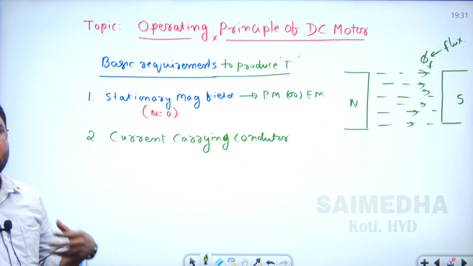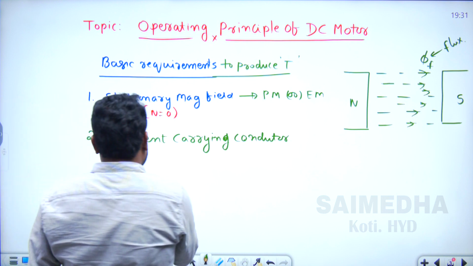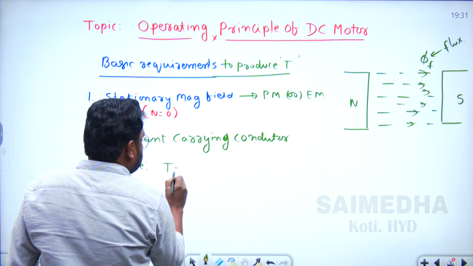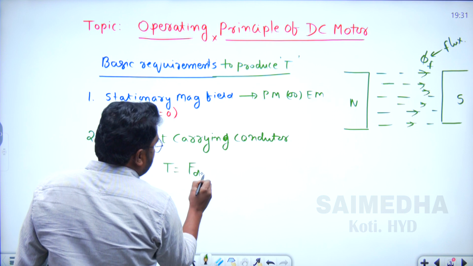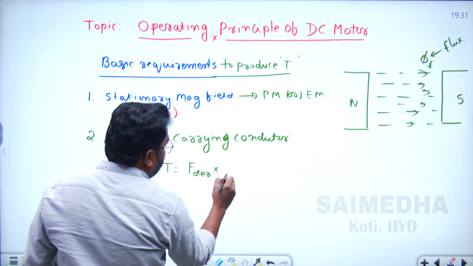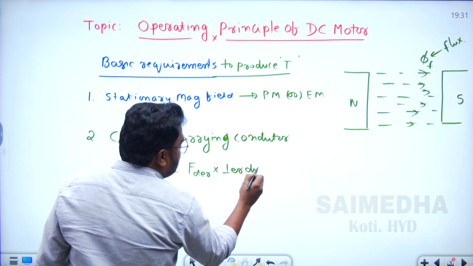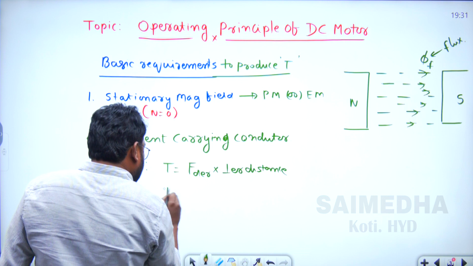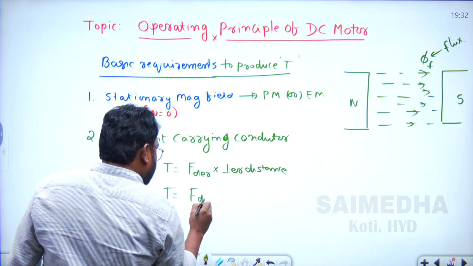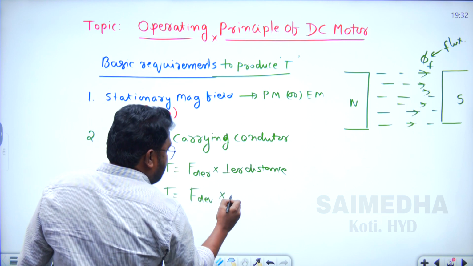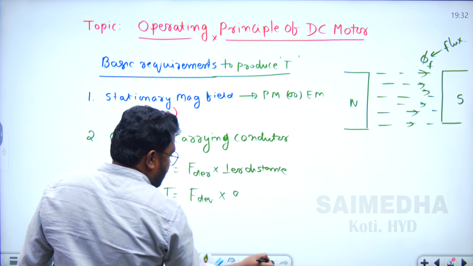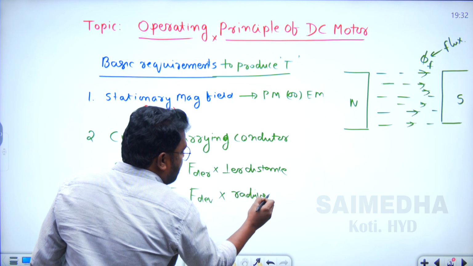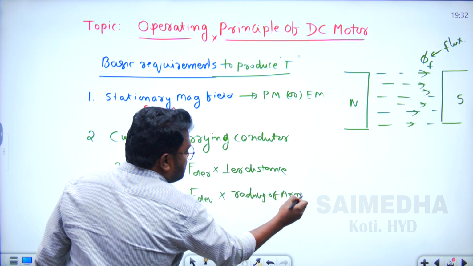The twisting moment of force about an axis. Generally, the torque is equal to the force developed multiplied by the perpendicular distance. What is the perpendicular distance? The force is developed in the conductors, and the perpendicular distance is the radius of the armature core.